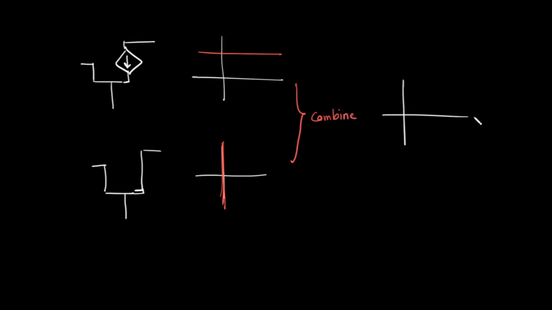Well, it is like this, a straight line. And what is the IV characteristics of a short circuit? Well, it is like this, a straight line through the origin parallel to the y-axis. So if we combine these graphs, then we will get the IV characteristics of a BJT.